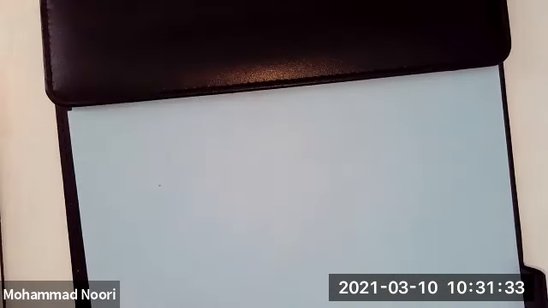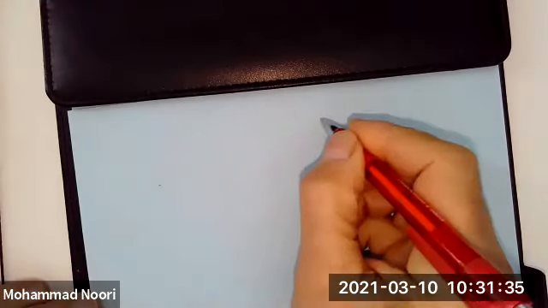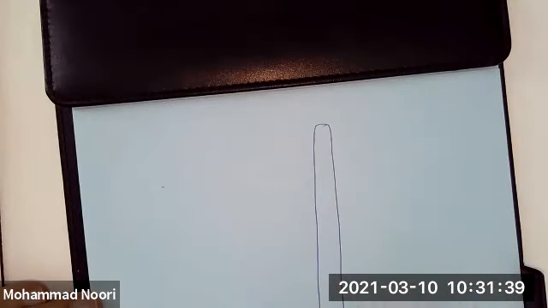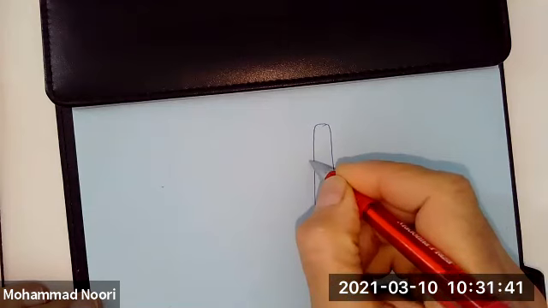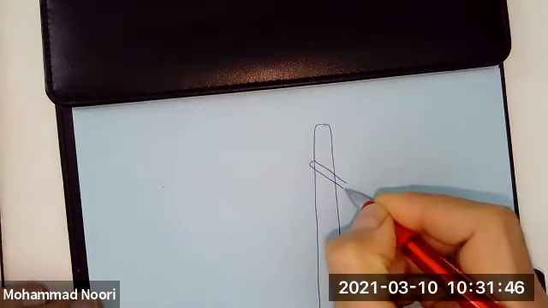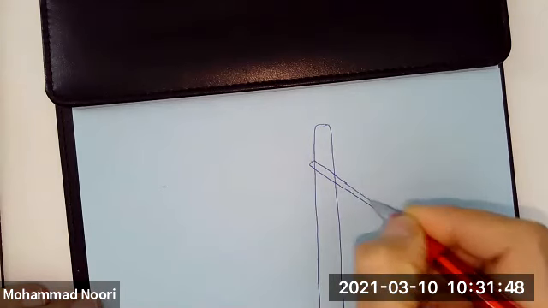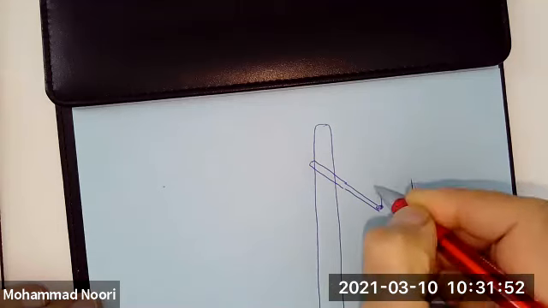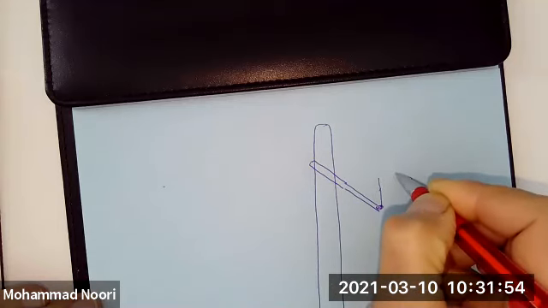This is a good problem. This is a fun problem. Let me draw this first because it requires some artistic work here. So this is the problem that we have.